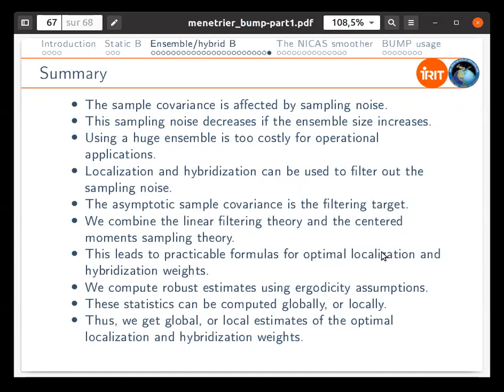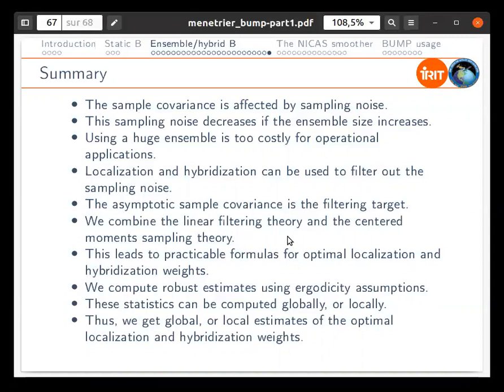The asymptotic sample covariance in this theory is the filtering target, but we don't know it. It's what we would get with an infinite ensemble size. But we can combine the linear filtering theory and the centered moment sampling theory to get this nice formula I showed you before. Combining these theories leads to practical formulas for both optimal localization and hybridization weights.